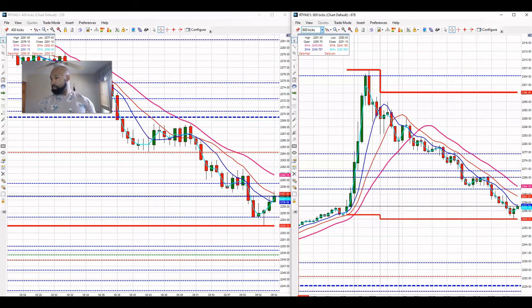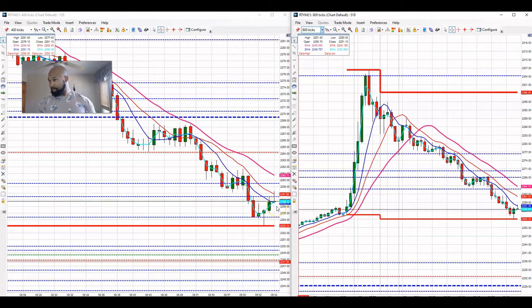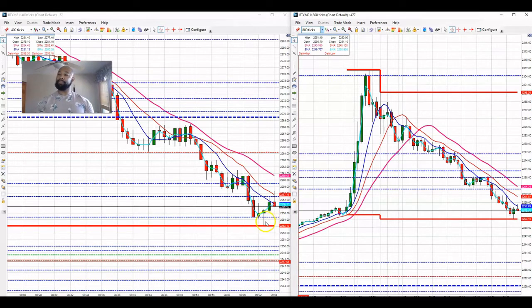Okay, it's doing so. Not totally, it's not a decisive cross, and then it reversed. This is what we're waiting for. Scalpers, we like small movements, but obviously here it touched and is reversing down.